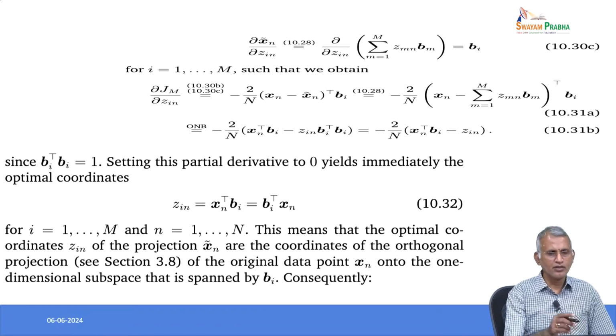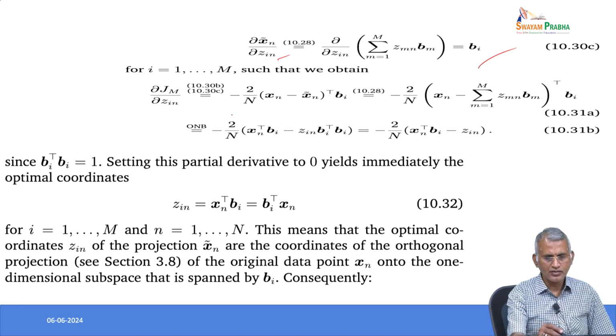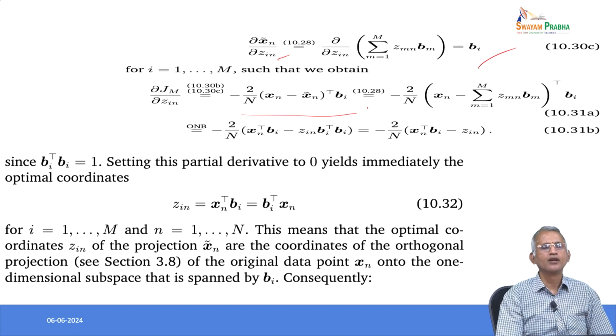Therefore, ∂xn bar/∂zin according to 28: partially with respect to zin of the summation over m equal to 1 to M of zm bm, where m varies from 1 to M. So, we have bi, where i varies from 1 to M, such that we obtain ∂Jm/∂zin equal to minus 2 by N (xn minus xn bar) whole transpose bi, which is equal to minus 2 by N (xn minus the summation over m equal to 1 to M of zmn bm) whole transpose into bi.